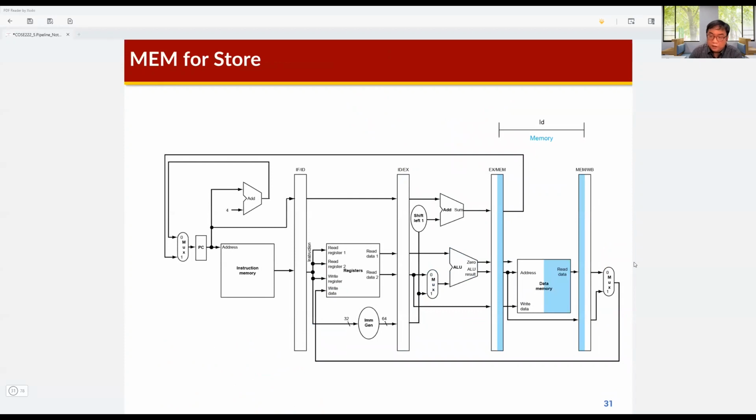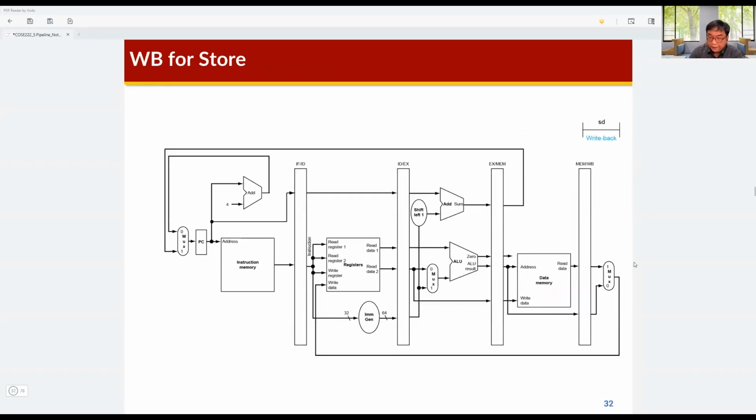Actually the story is the same for store, but the store does not perform the write back stage, but the write back stage is also consumed by store instructions.